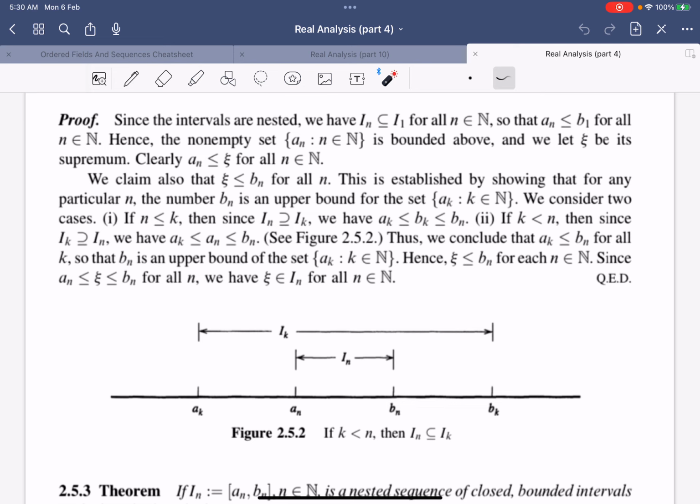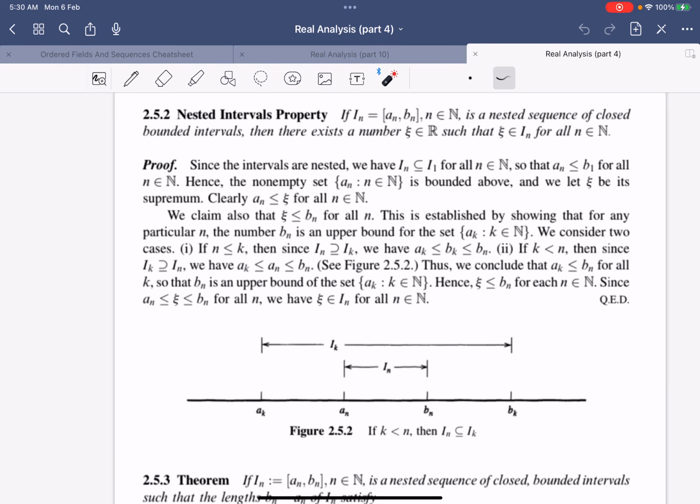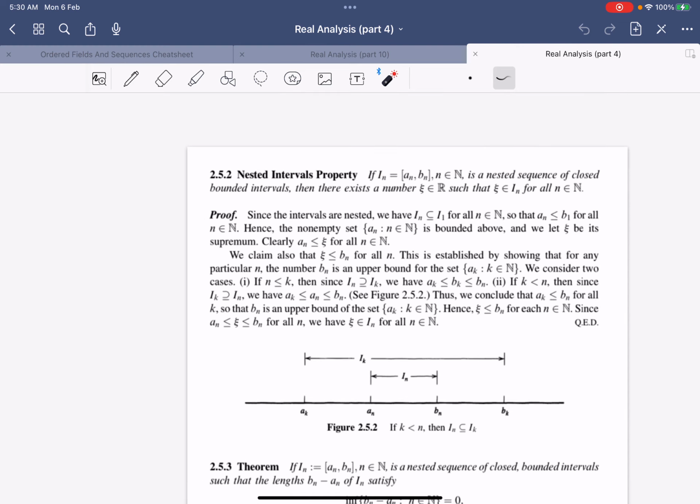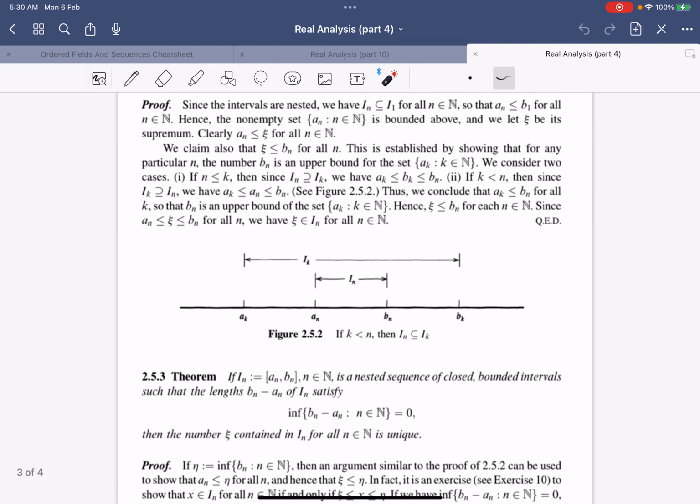And hence, epsilon is an element of the intersection of all the intervals. And so the proof is quite simple, and I hope you have followed through. This really is relying on the fact that there is a supremum in the real numbers. And so you could say that the real numbers can be characterized with the nested interval property as well.